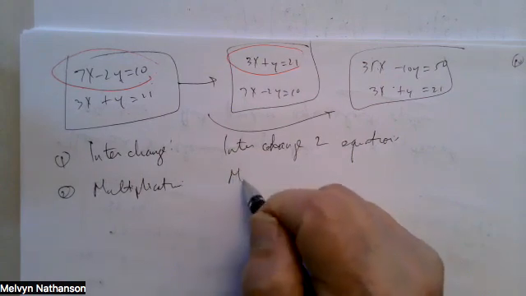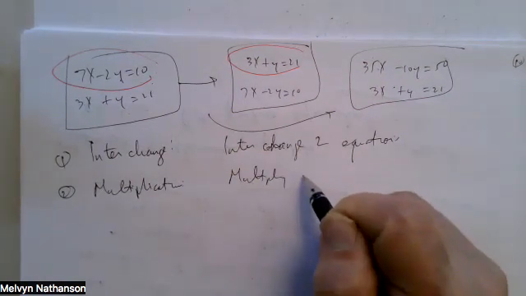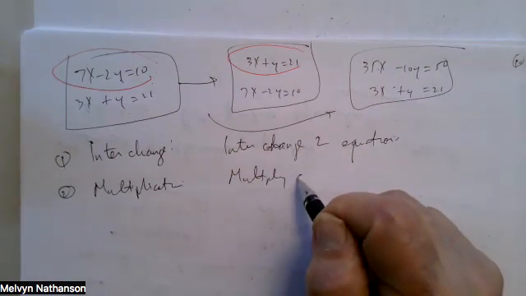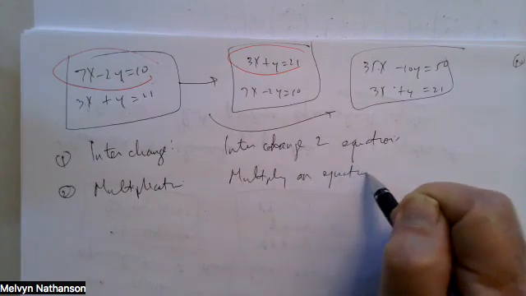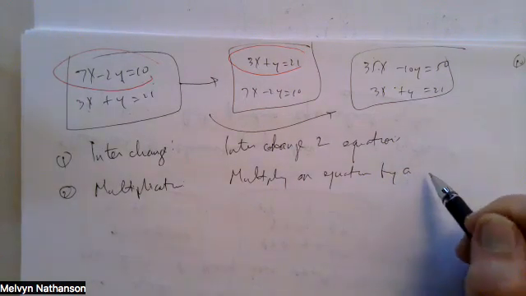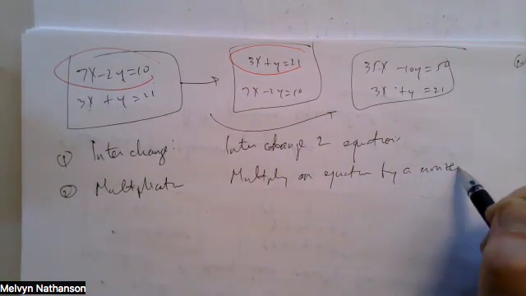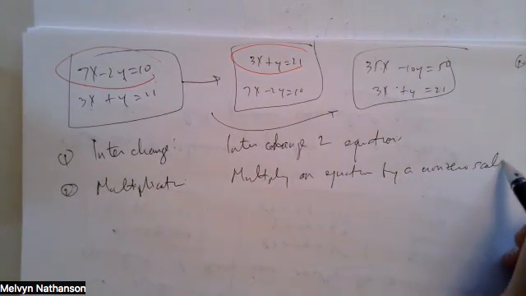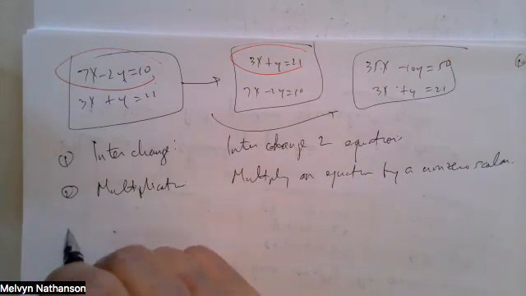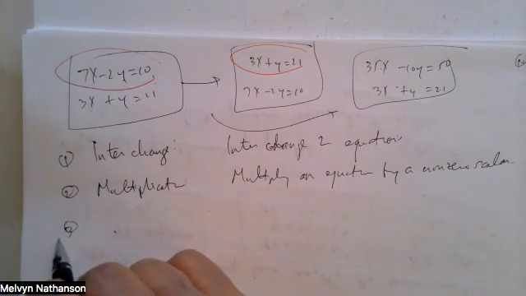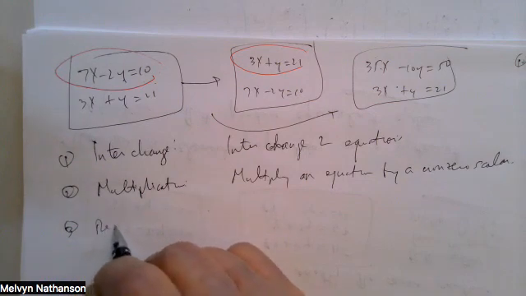You can multiply any equation by a non-zero number, a non-zero scalar. That's the second operation. I said there are 3. What is the third? This I'll call, let's say, replacement.